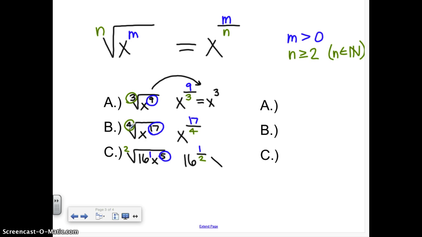And then I have x to the 5 halves. Now, 16 to the 1/2, remember we said 1/2 thinking square root? We might want to actually write this as 4x to the 5 halves. Might be a great option because that's what the square root of 16 is.